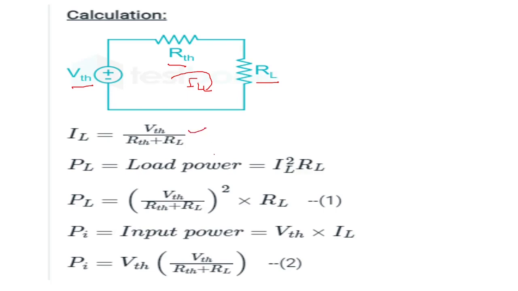Then the load power is nothing but the square of the load current into RL. Substituting, you get PL equals VTH upon RTH plus RL, whole square, into RL. Input power will be equal to VTH into IL, which is VTH into VTH upon RTH plus RL. So equations 1 and 2 give the load power and the input power.